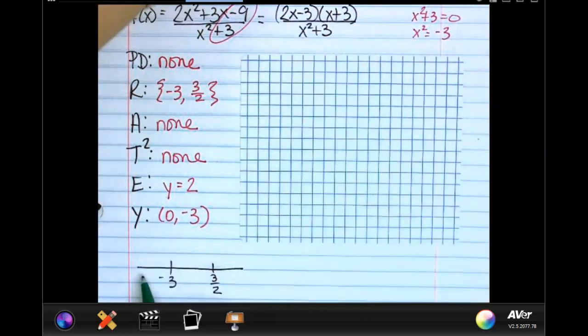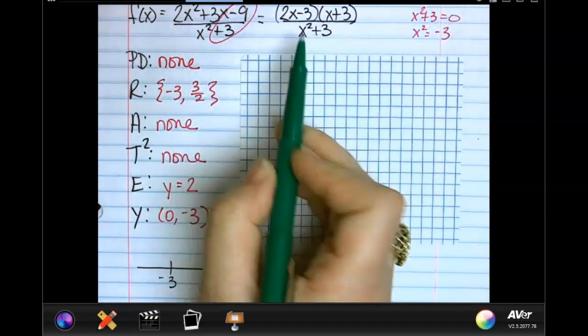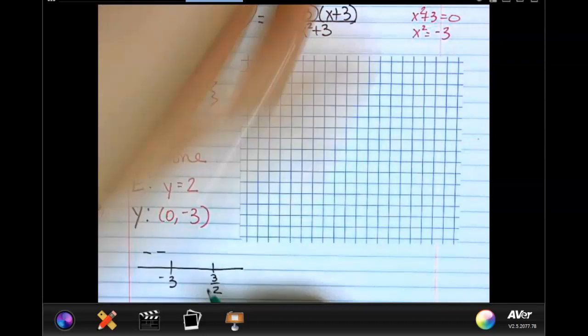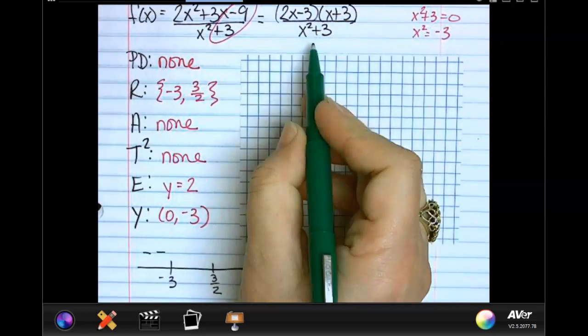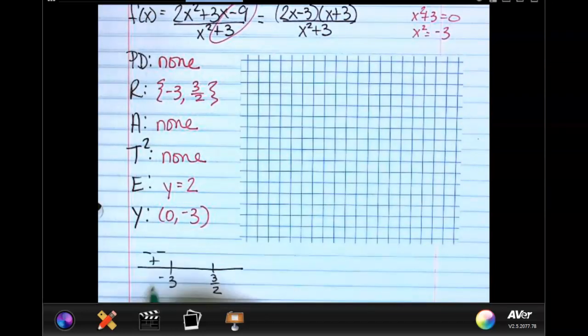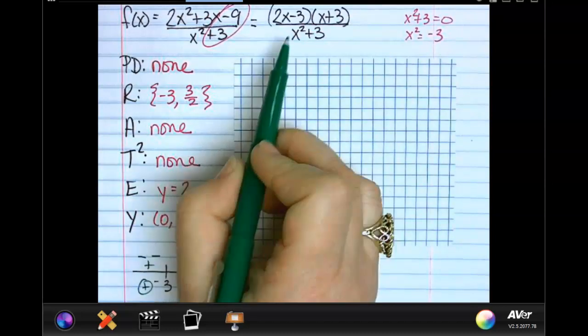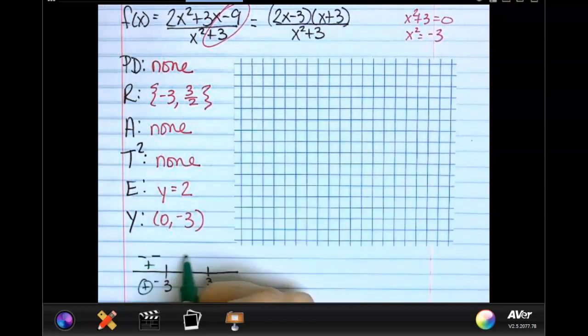So I'm going to pick negative 4. When I substitute it in here, I'm going to get negative, negative. And then the denominator will give me positive every time. You agree with that? Okay. So that means this is positive overall. In between these two, I can find a 0. When I substitute in 0, this is going to be negative, positive, and then positive in the denominator.